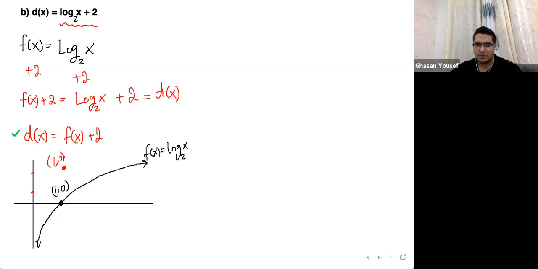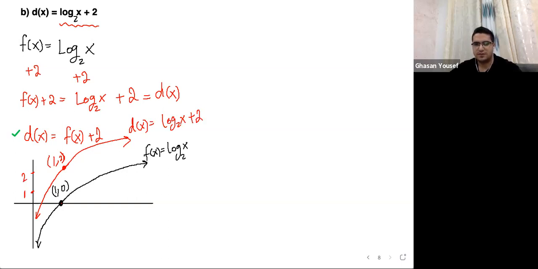So my new point will be 1 comma 2, and all the points will be shifted up 2 units. So the graph looks something like this. Again, the graph will be close to x equals 0, but it will not touch x equals 0. So the red one is d of x equal logarithm x to the base 2 plus 2.